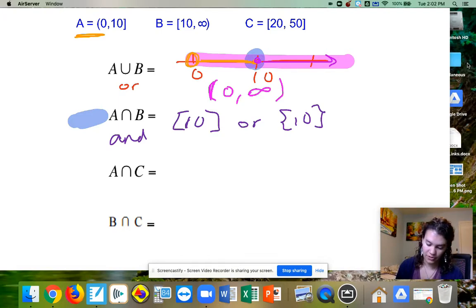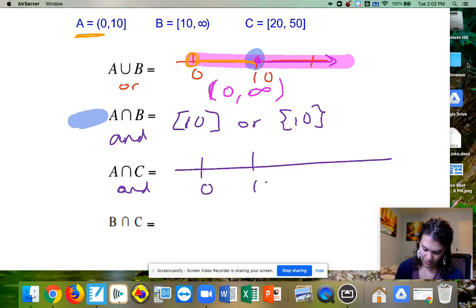So then if we're going to do A and C, again, this is where they overlap. So I'm going to draw the picture. For A, we have 0, 10. C has 20 and 50. So if we draw out what they look like, A is still an open circle here and a closed circle here.